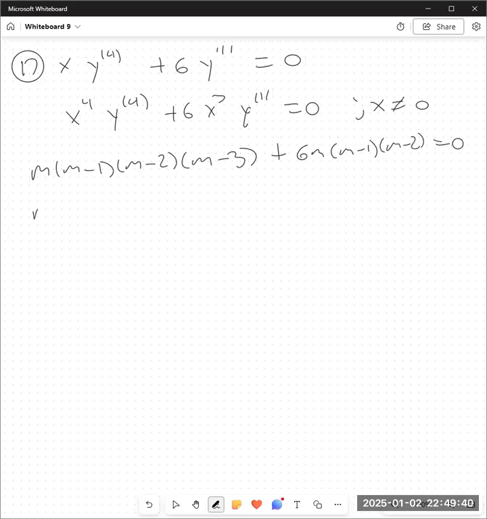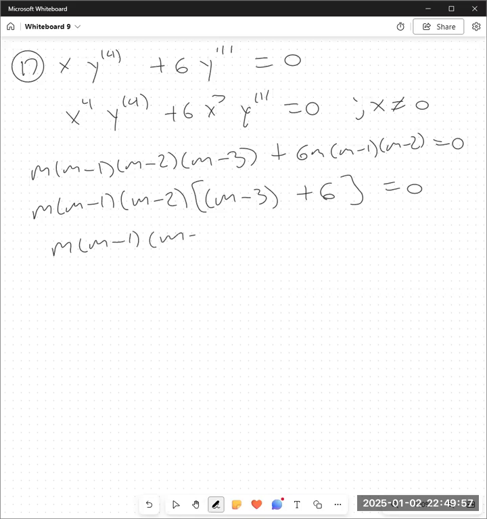Common factor here of m times m minus 1 times m minus 2, leaving me with m minus 3 plus 6 equals 0. m times m minus 1 times m minus 2 times m plus 3 equals 0.